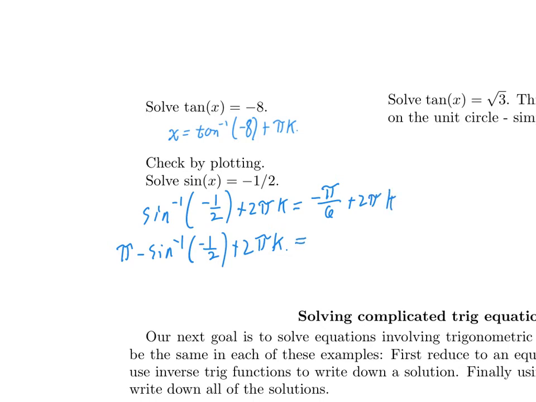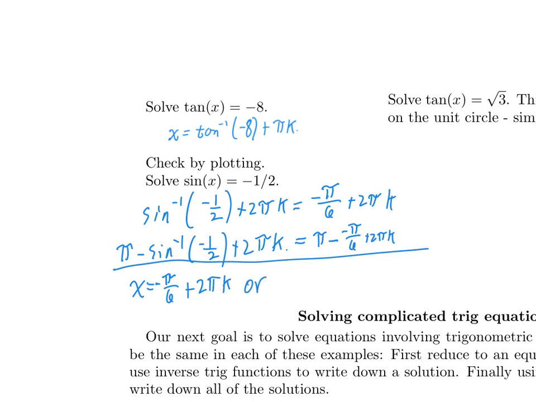And this is pi minus -pi/6 plus 2 pi k. So really, the solutions are x is equal to -pi/6 plus 2 pi k, or 5 pi/6 plus 2 pi k.